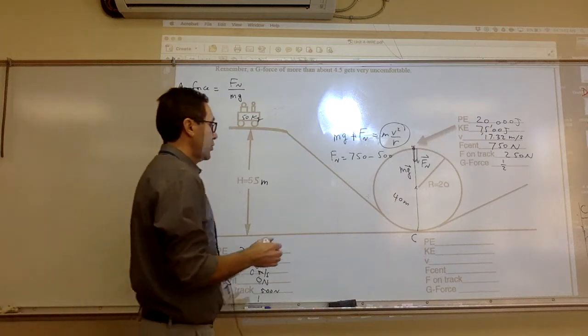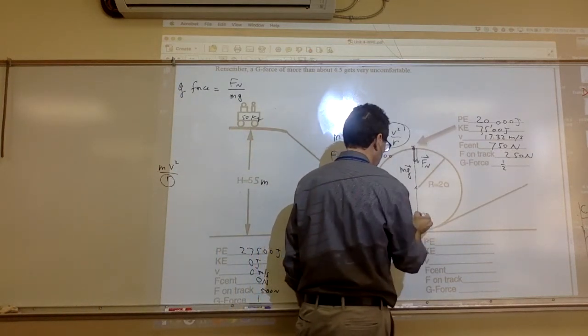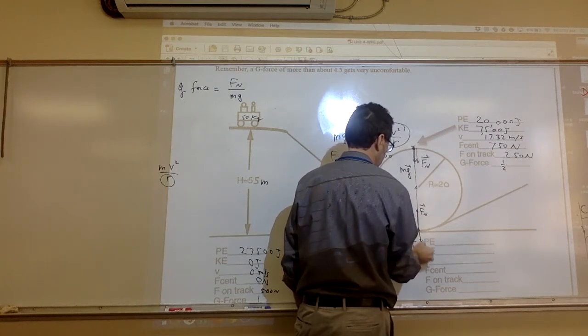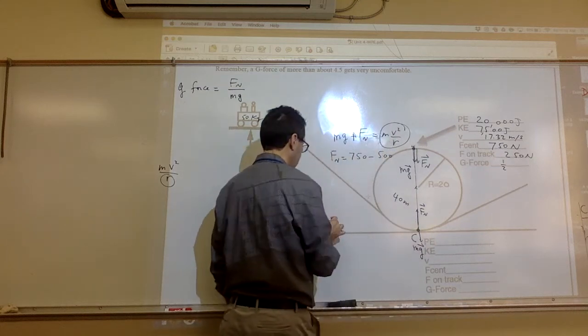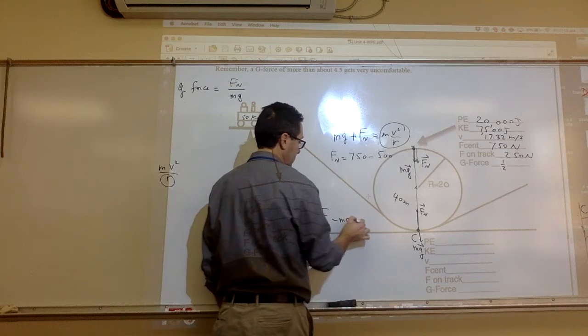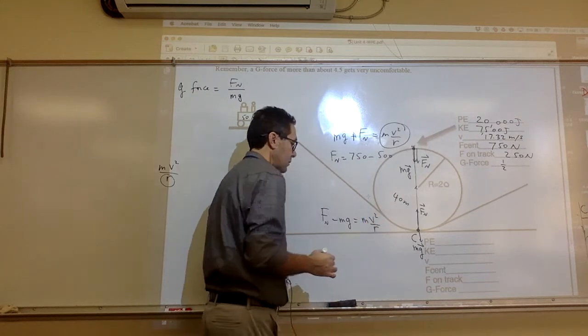When you are down here, you're on the inside. So you have your normal force, which is greater than your mg. So down there, we need to write Fn minus mg equals mv squared over r.